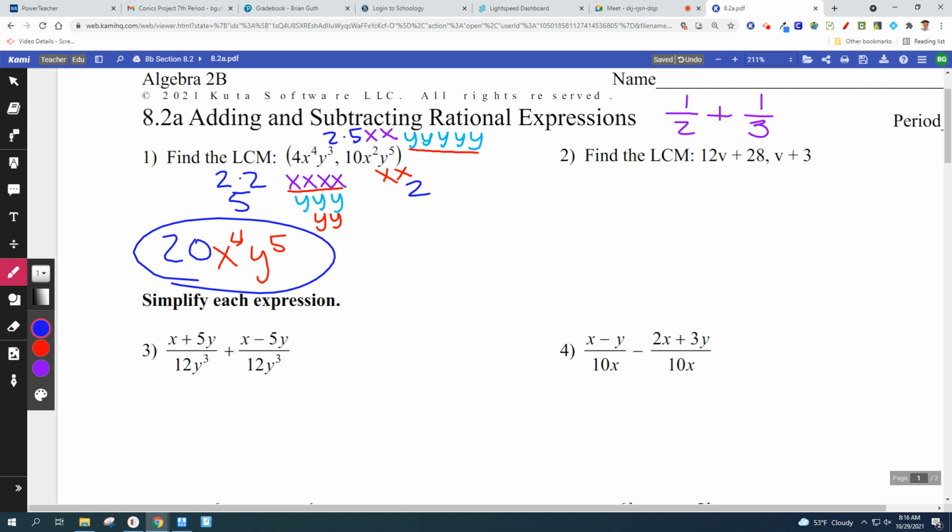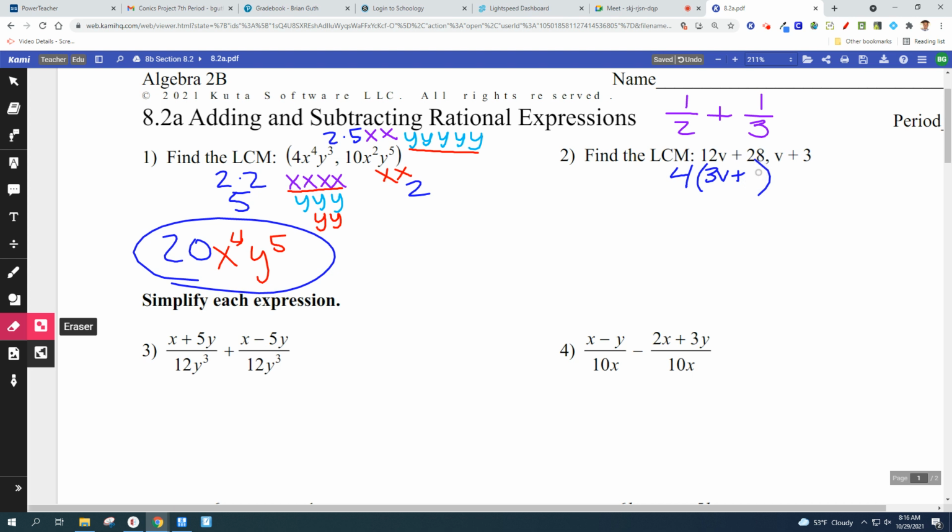Basically what you want to do is factor. So 12v plus 28 over here on number 2, we can take out a factor of 4, and that's 3v plus 28. No, I am all over the place today. It's not 3v plus 28.